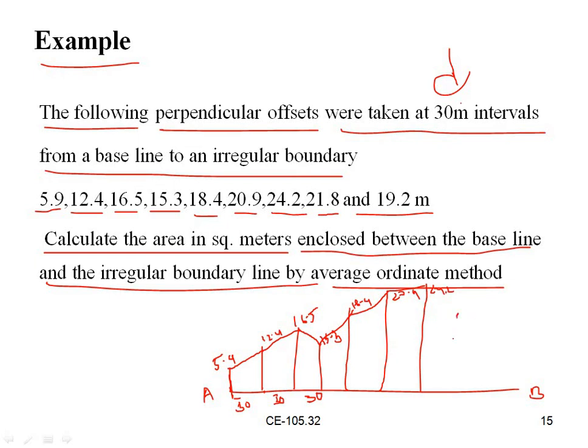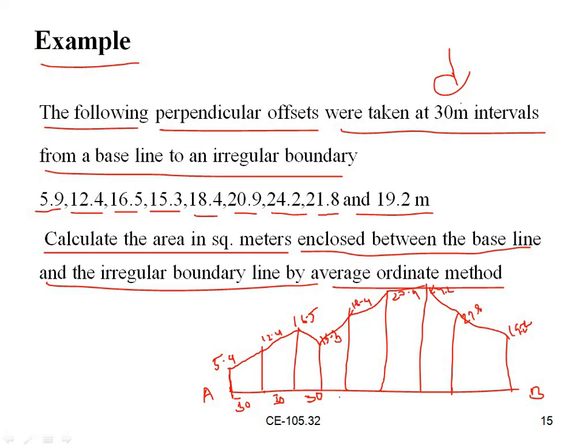And now another one is 21.8. So join this one. And the last point is 19.2. So this one join. So now we have got the irregular surface levels. These are all the levels which are taken, irregular surface with the instrument.